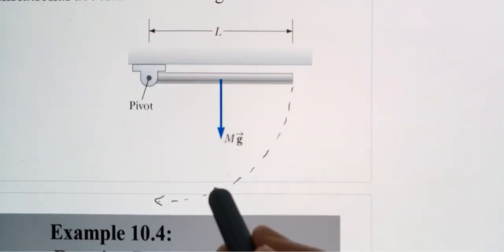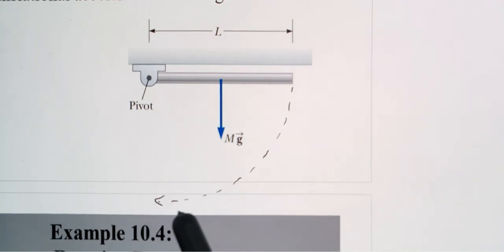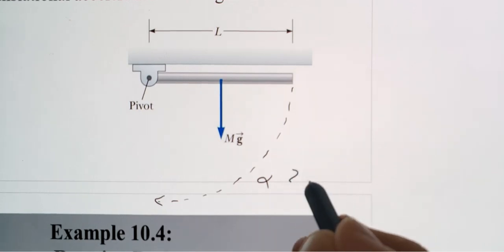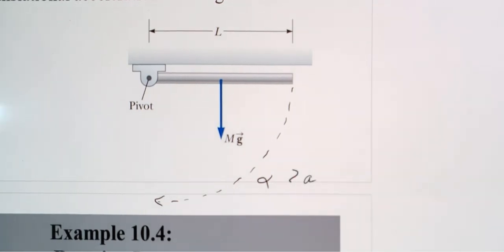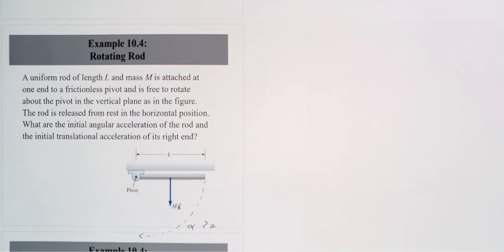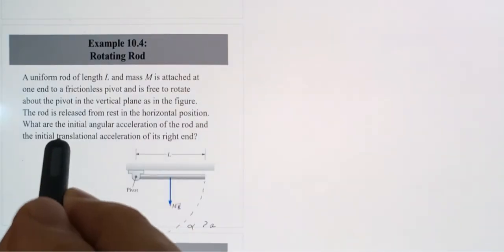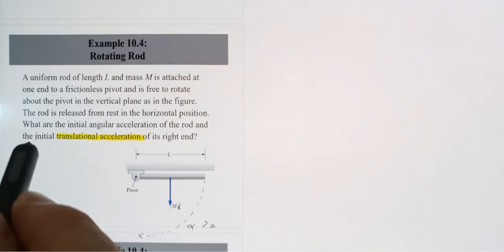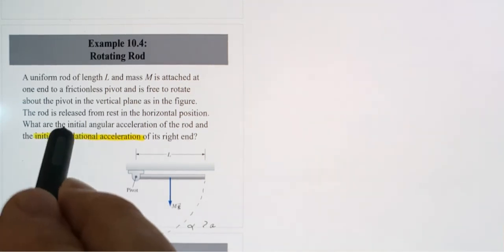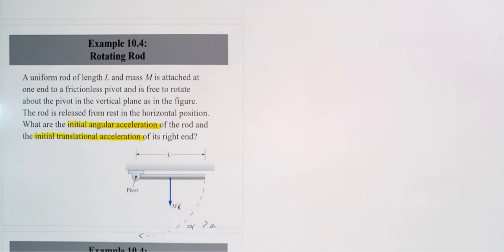We will have alpha, and of course we will have a linear acceleration. So he asked us for the initial translational acceleration and the initial angular acceleration.